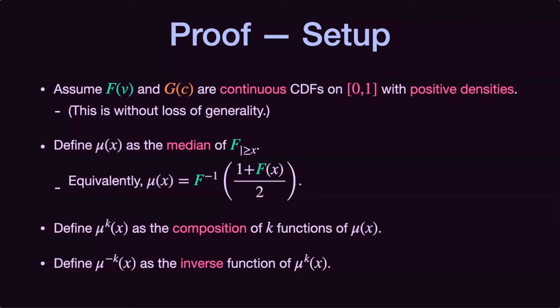We define μ(x) as the median of the distribution F conditioned on being at least x. We also define μ^k(x) as the composition of k functions of μ(x), and μ^(-k)(x) as the inverse function of μ^k(x).